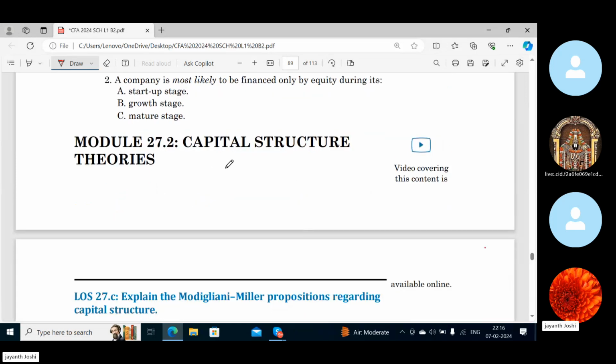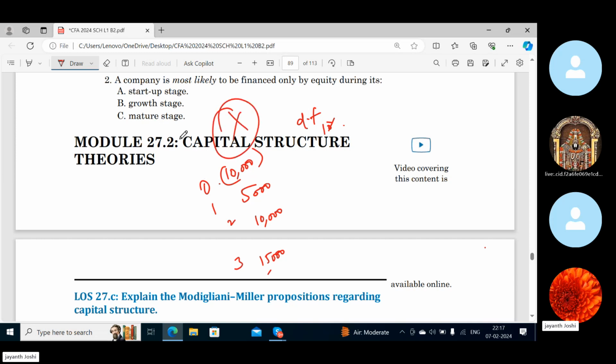The project is like this: 10,000 you're investing. First year you're expecting 5,000. Second year 10,000. Third year 15,000 as the cash flows. This is the 0th period, 1, 2, 3. And the discount factor is 10%. That is the expected return we are expecting from this project X.